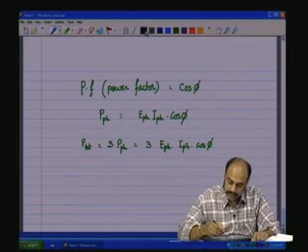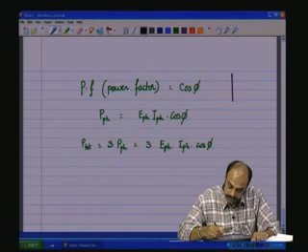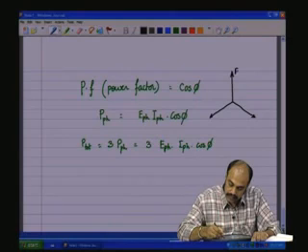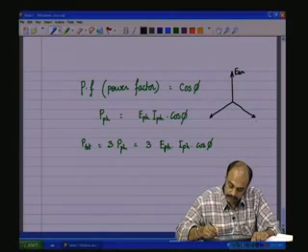Just to give you an idea here. Let us say a star circuit, with phase voltages EAN, EBN, ECN.